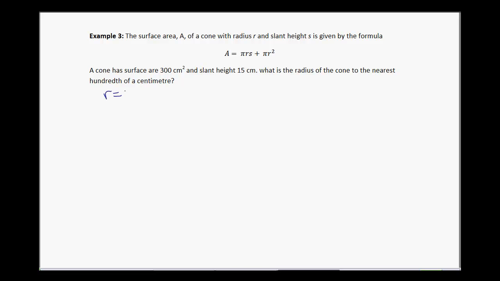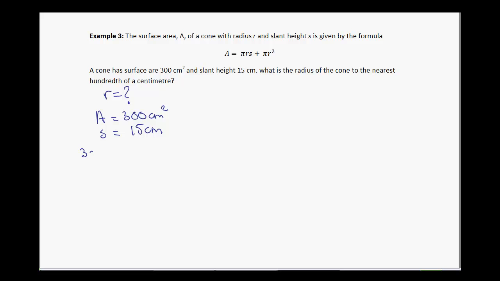So we want to know what r equals. And we are given that our surface area, which is A, equals 300 centimeters squared, and our slant height, which is s, equals 15 centimeters. So let's plug those into the given formula that we have.